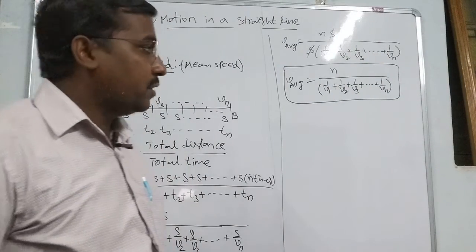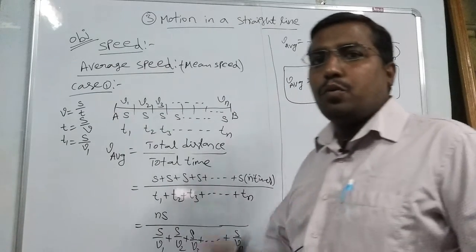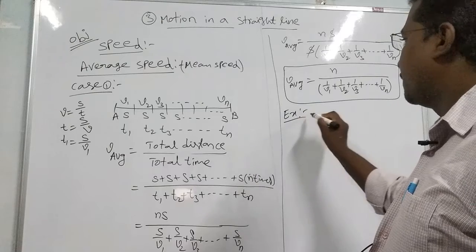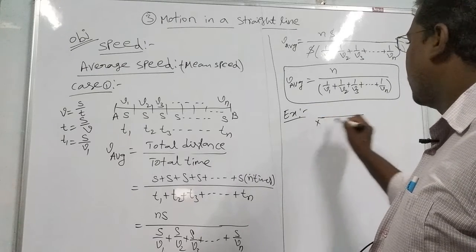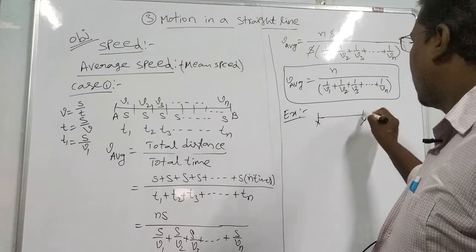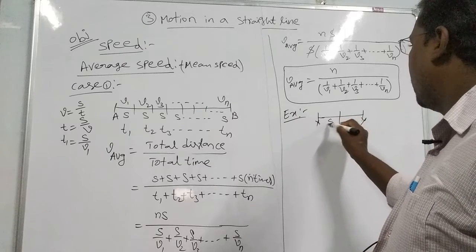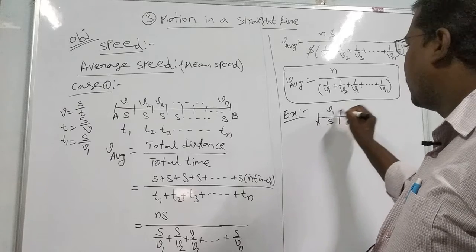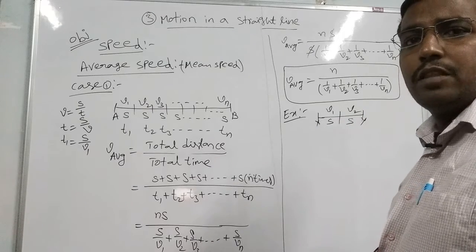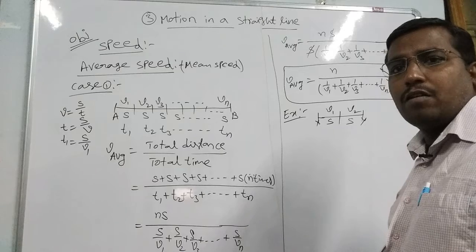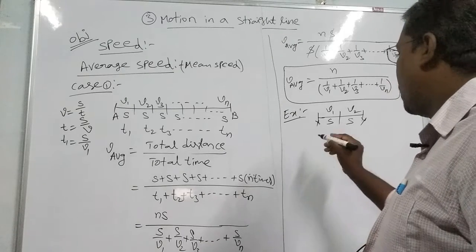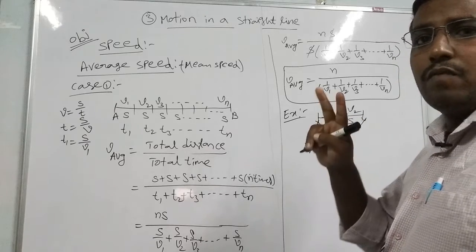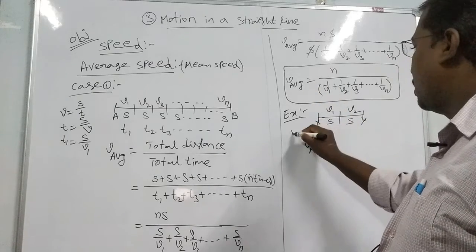In case we have to take two-lap problems, that is, this is from x and this is from y path, and there are two paths which are equal distances s, s, and the vehicle covers them with different velocities v1 and v2. Then the average velocity or mean speed is V average equal to, this is a two-lap system, so n equals 2.